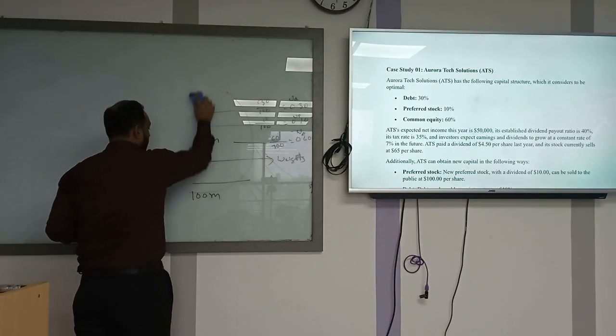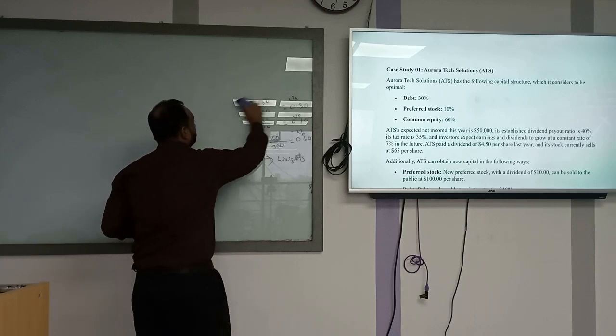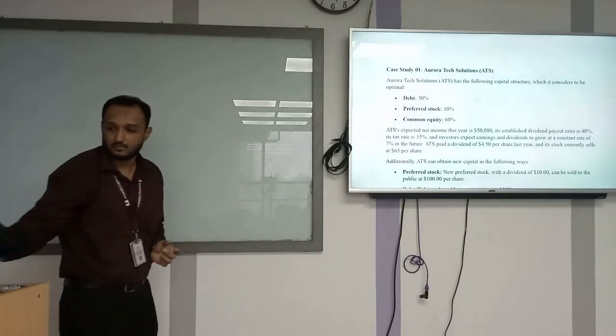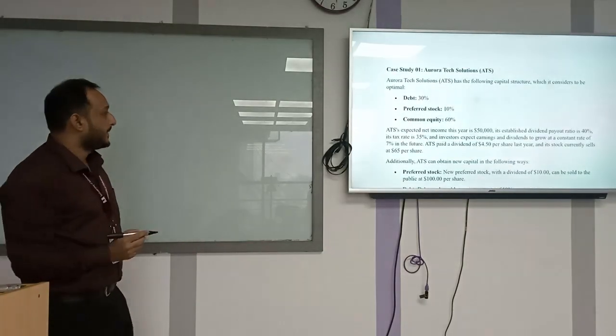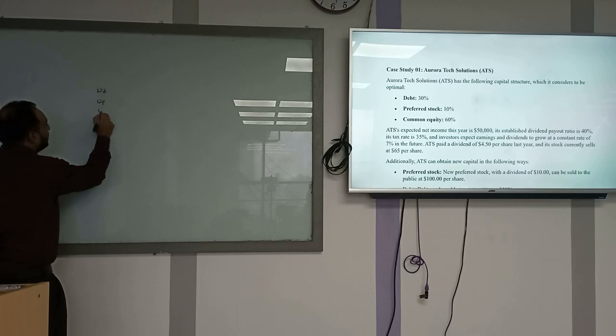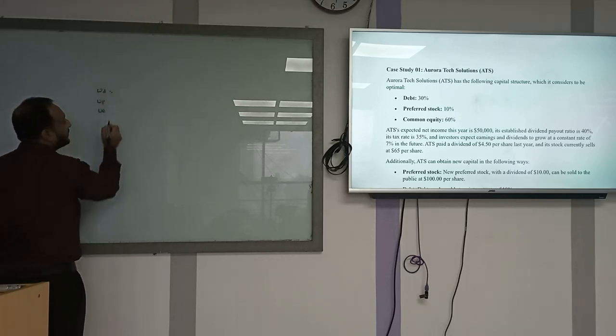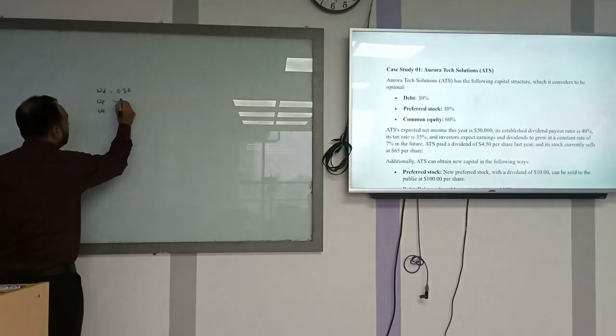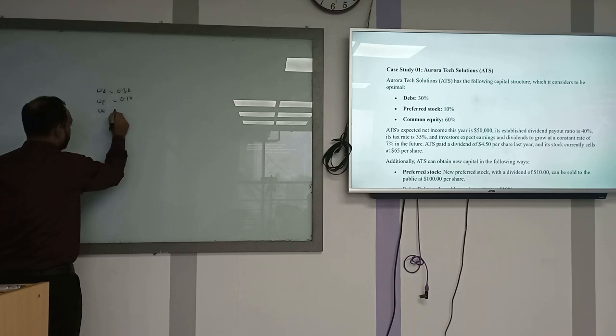Okay. What else information is given? Key information. Since it is given, let me write it here. First, what is given? Weight of debt, then weight of preferred equity, weight of common equity. How much is the weight of debt? 0.30, 30% is 30 divided by 100, then 0.10, then 0.60.